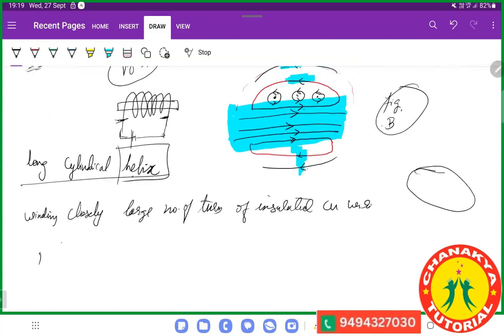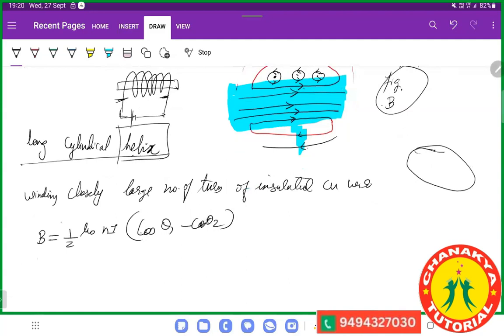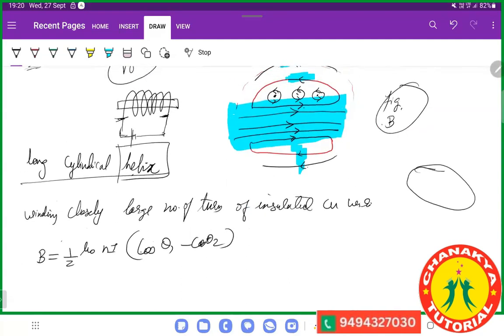B, the magnetic field, is 1/2 mu naught n I (cos theta 1 minus cos theta 2). Now, see, this theta 1, theta 2 are for a particle which is inside and outside.